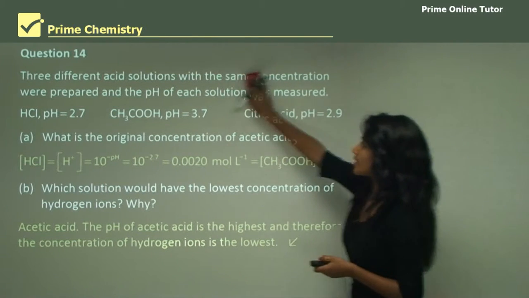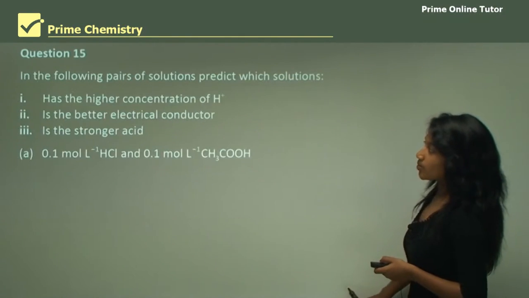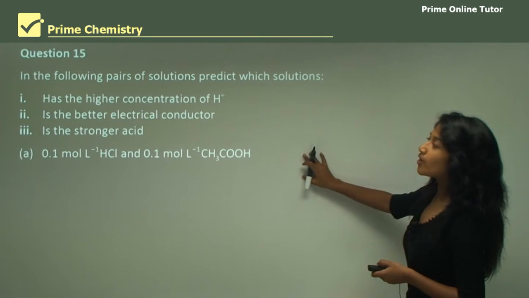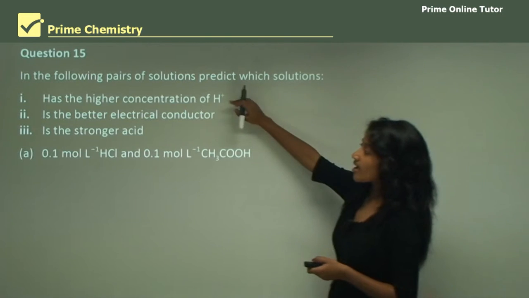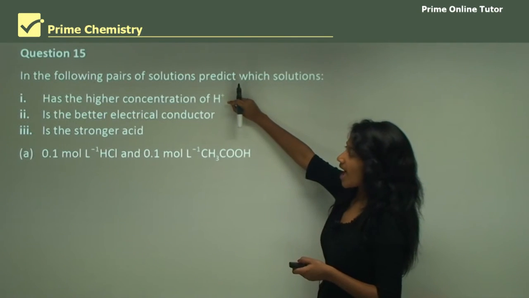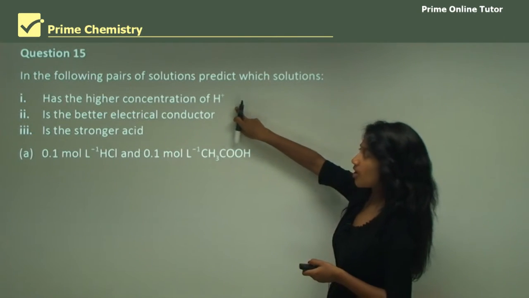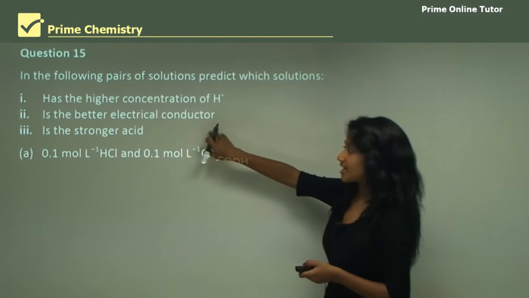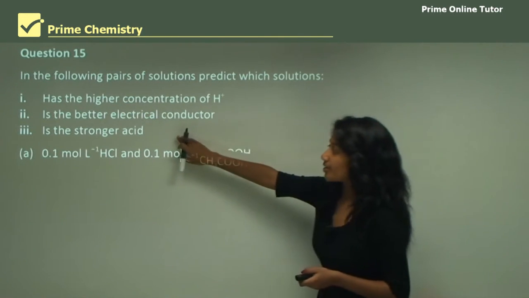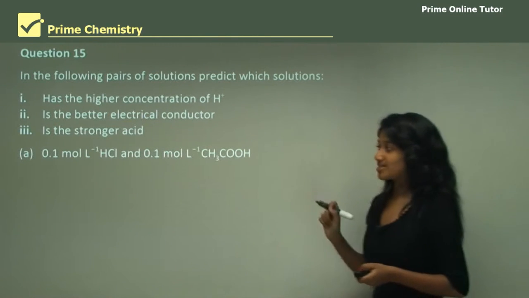Now let's move on to question 15. Question 15 says, in the following pairs of solutions, predict which solution: part 1, has the higher concentration of hydrogen ions; part 2, is a better electrical conductor; and part 3, is a stronger acid.